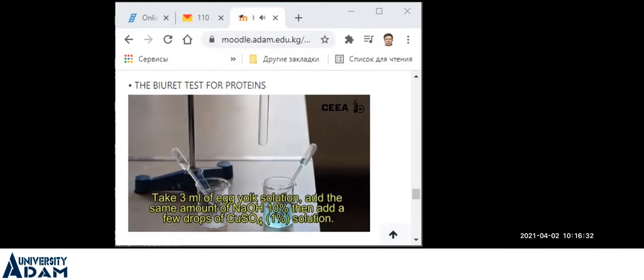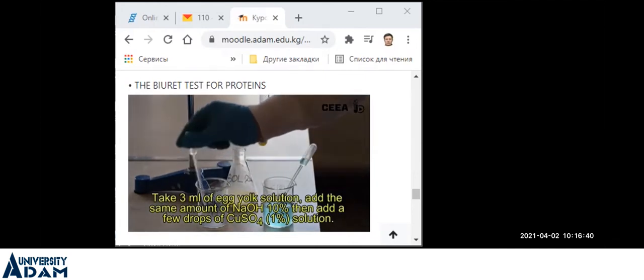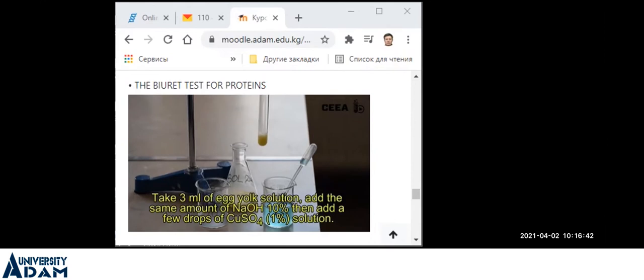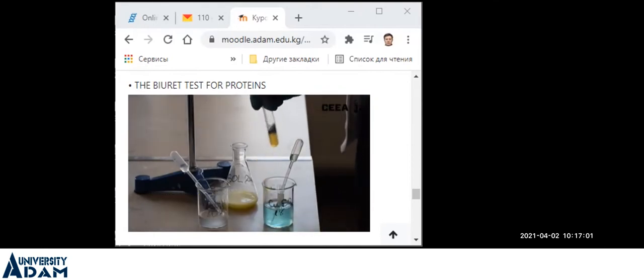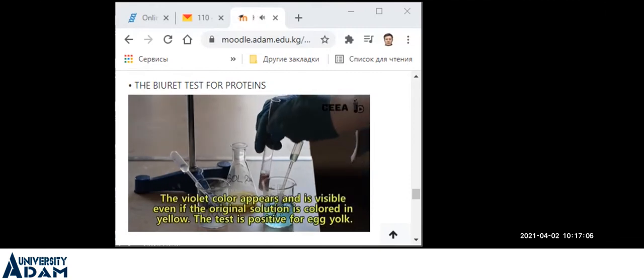Repeat the procedure with egg yolk solution. The violet color is seen even if the sample is yellow.